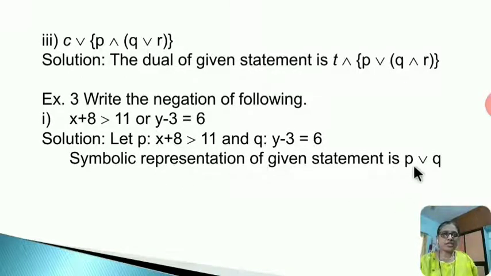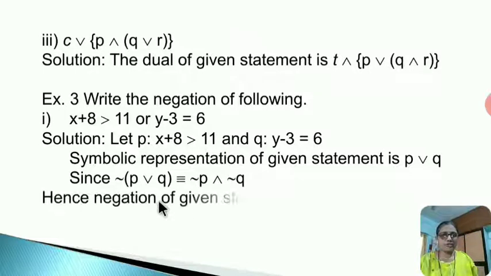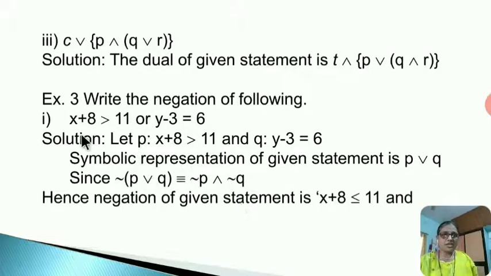And we know that negation of P or Q, that means negation of disjunction, is conjunction of their negations. And so negation of P or Q is same as negation P and negation Q. And so the negation of given statement is x plus 8 less than or equal to 11 and y minus 3 not equal to 6.